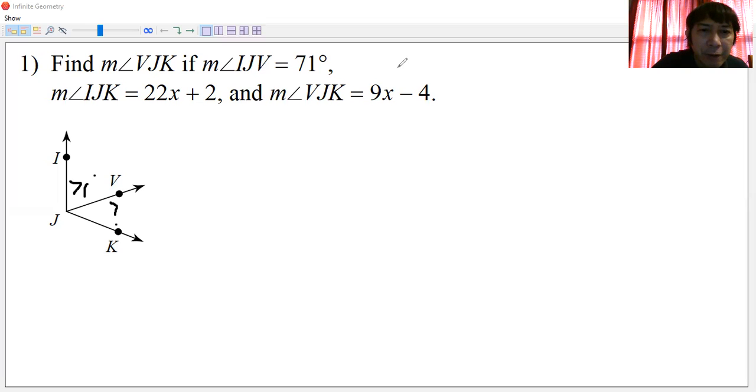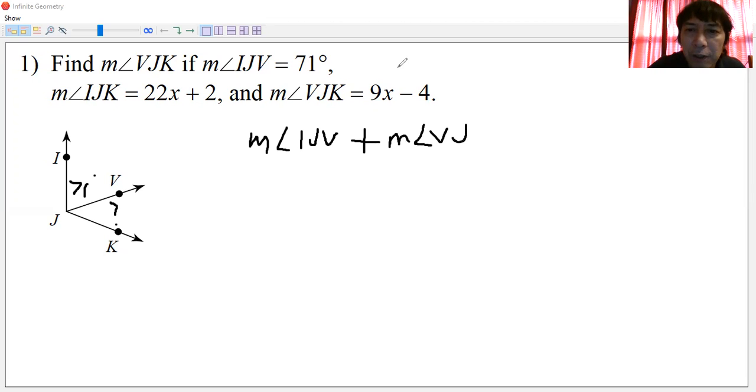So this is the equation: the measure of the angle IJV plus the next angle, the measure of the angle VJK, must be equal to the total, the measure of the angle IJK.